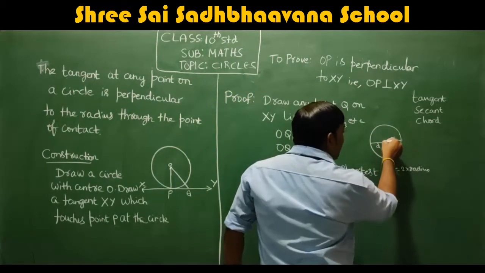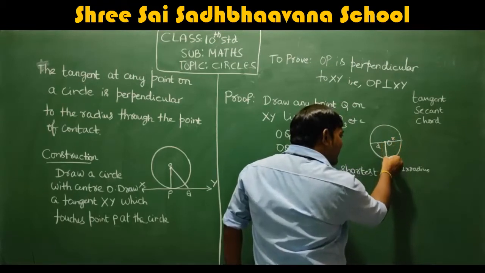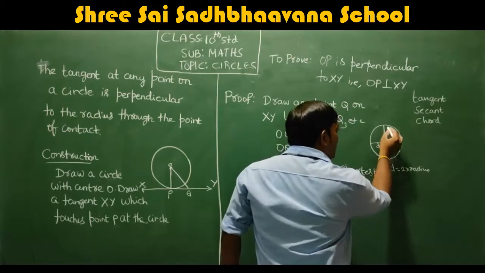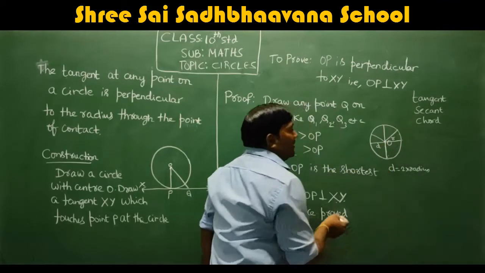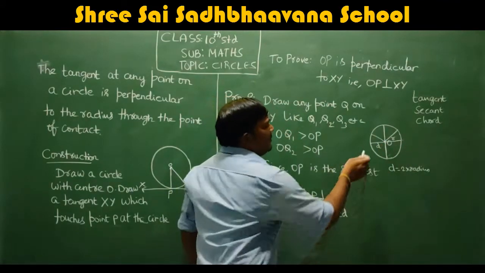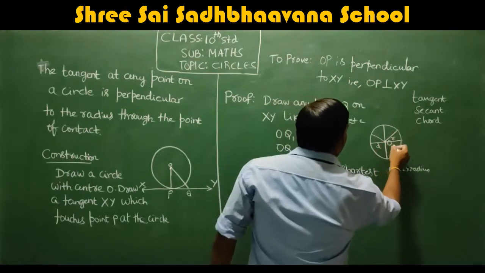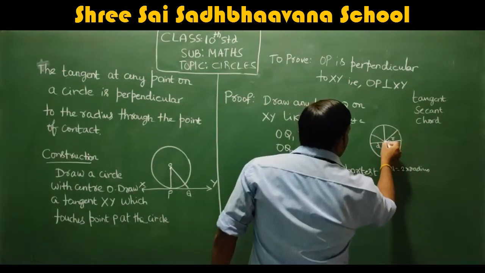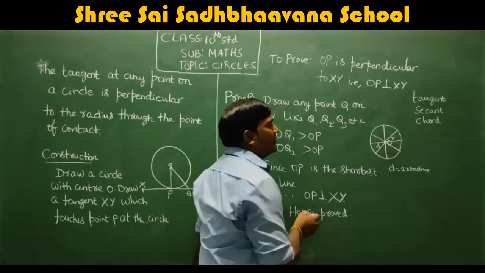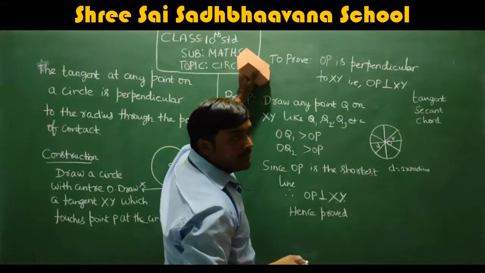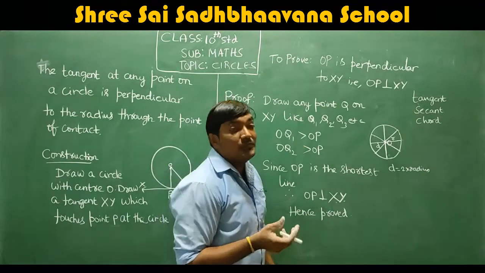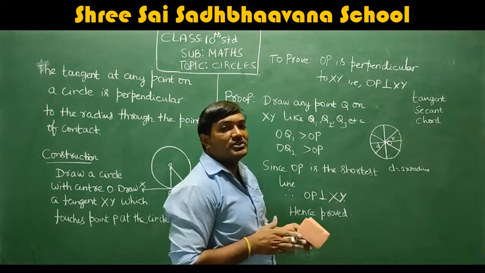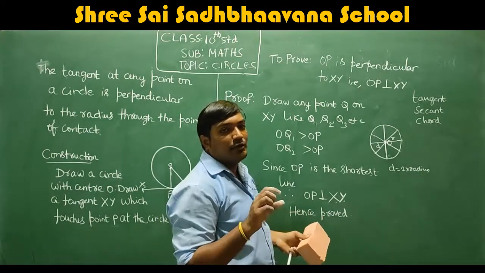It means from the center to any point on the circle, that is called your radius. From here to here, anywhere you draw, it will be considered a radius. So you can draw a circle with a radius. How do you draw a circle? You take a compass and measure the radius.